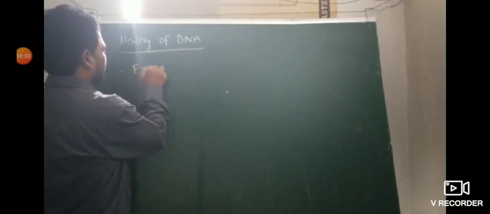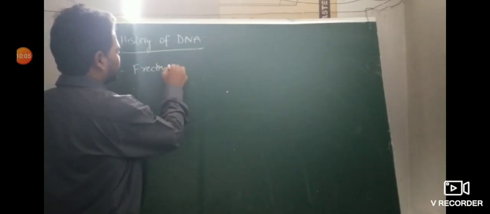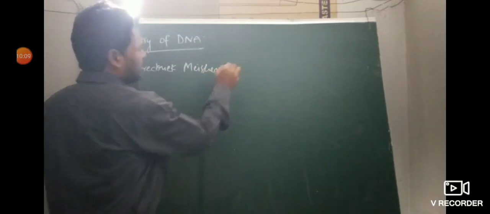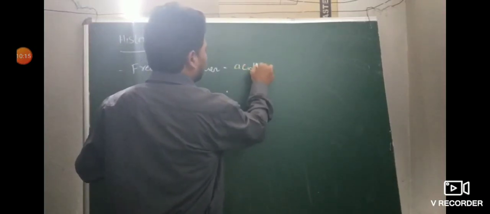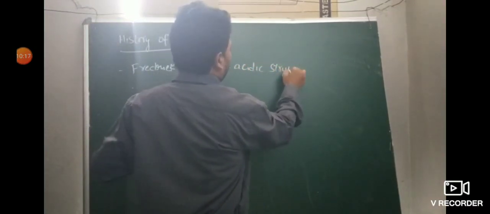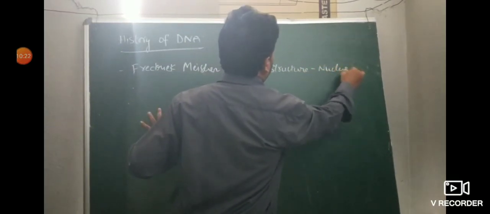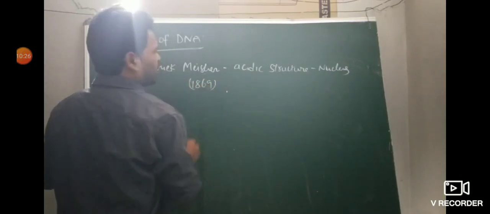Frederick Miescher, the scientist, first identified the acidic substance in the nucleus in 1869.